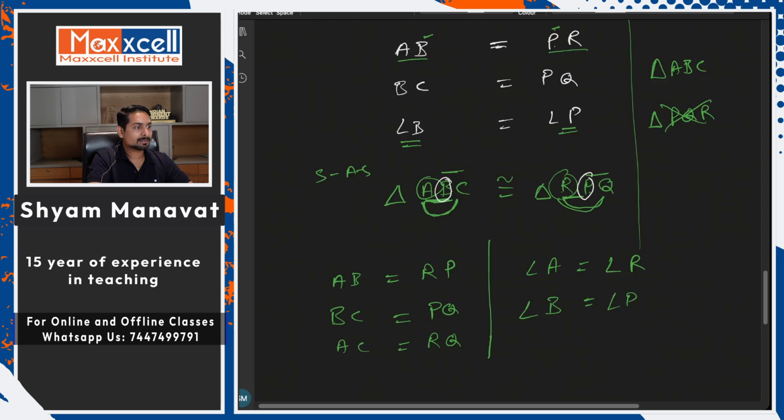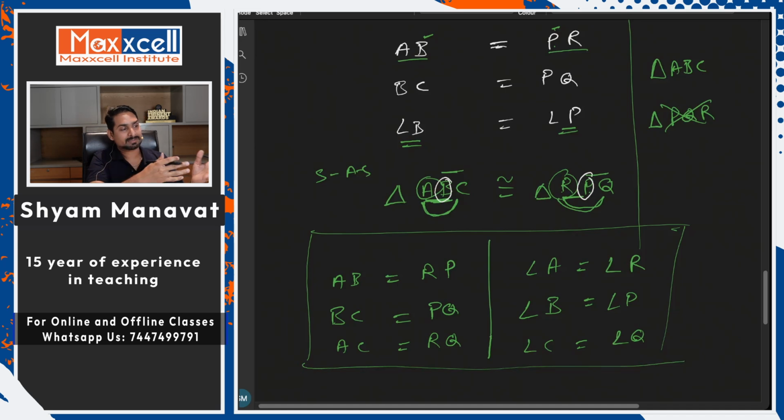And similarly, for angle C, you got angle Q. Okay. So once you prove it, this is what you can say. And of course, areas are equal. Their corresponding medians will be equal, right? Everything is equal, congruent. Okay.